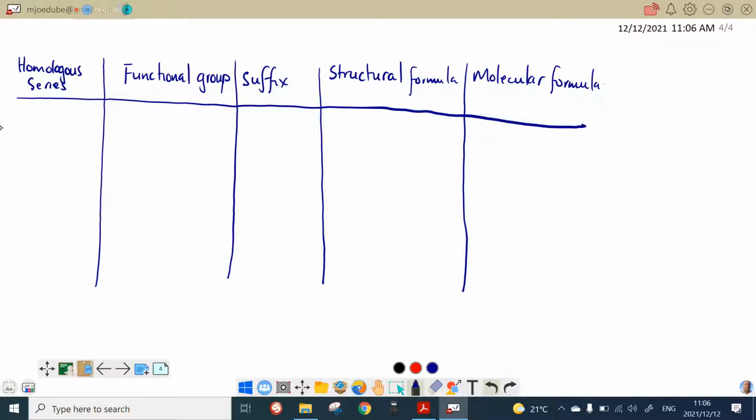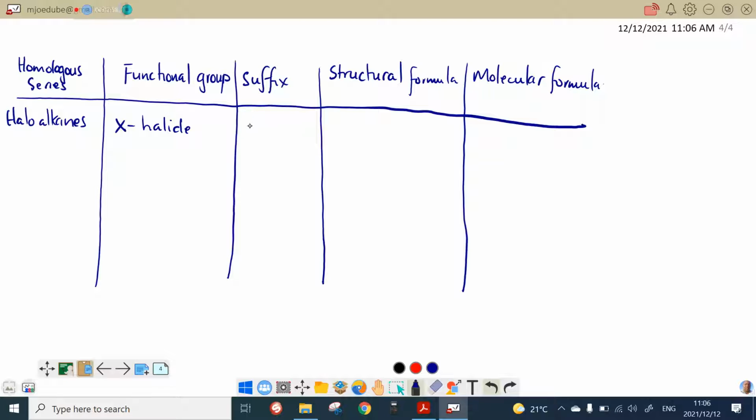All right, so the first one that we're going to look at from the derivatives are your haloalkanes. Your haloalkanes have got a halide group that is attached to the organic molecule.